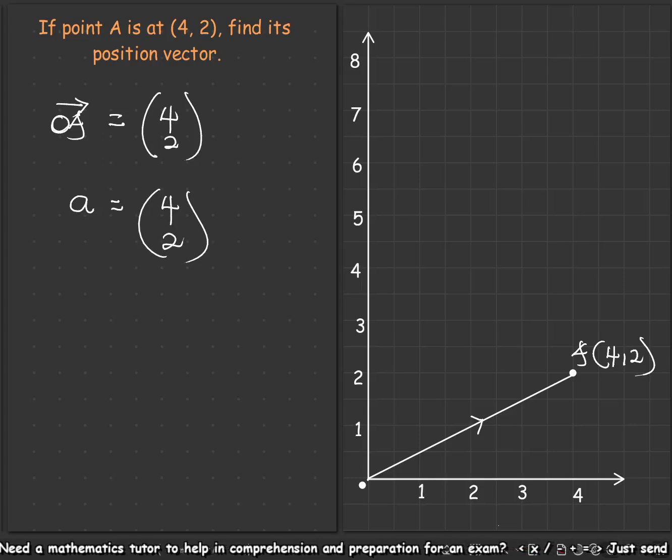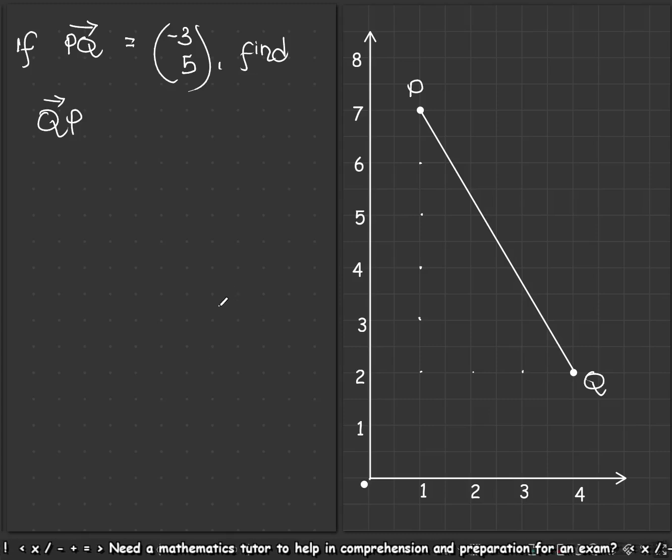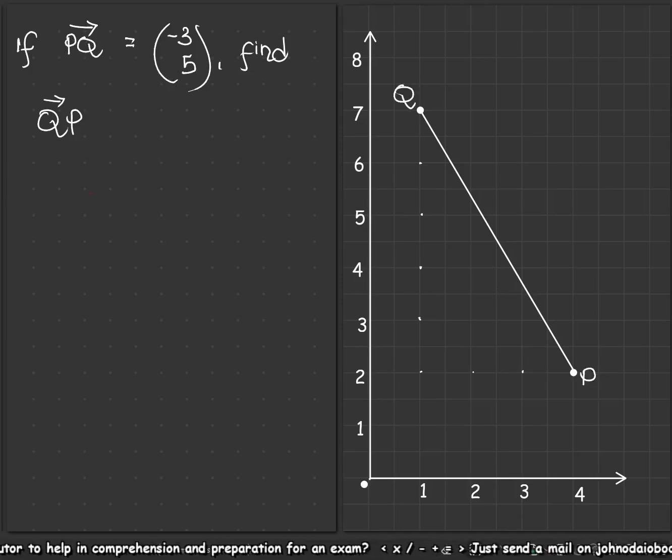Let's look at one question on the inverse vectors. For this second question here on inverse vectors, I've taken time to do the graphical representation, which I will explain. It says PQ: if you're at P and you're moving towards Q, you would have to move to the left 3 times and then move upwards 5.